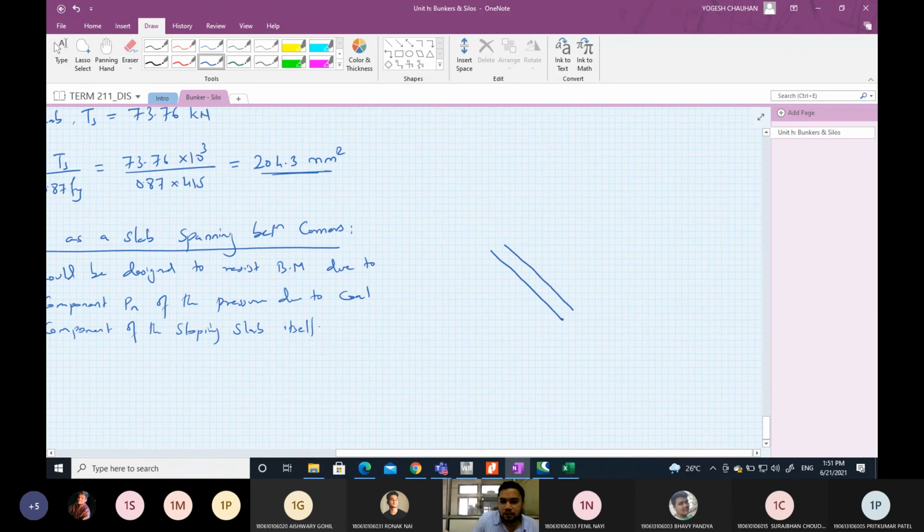So this is the sloping slab, and these are the corner columns or beams.